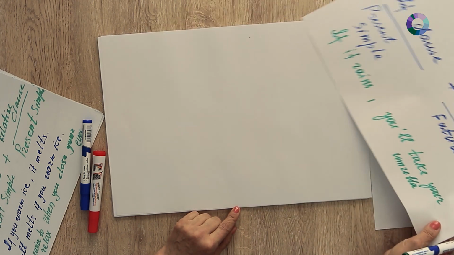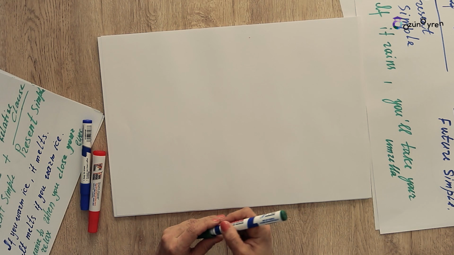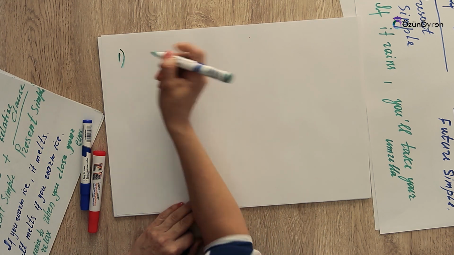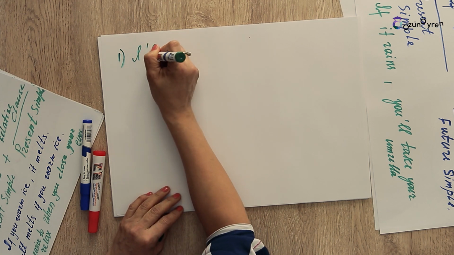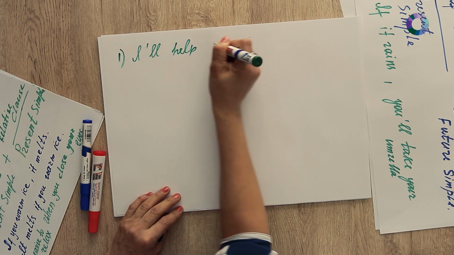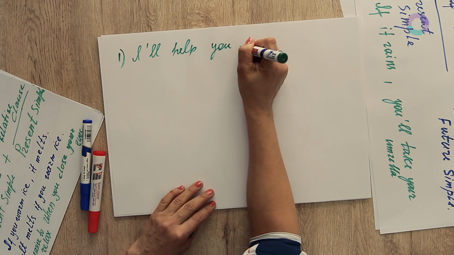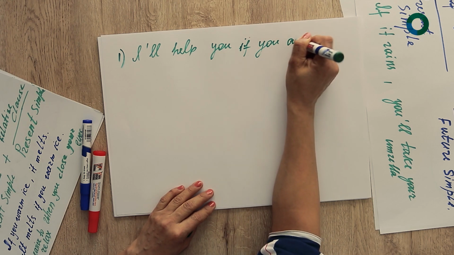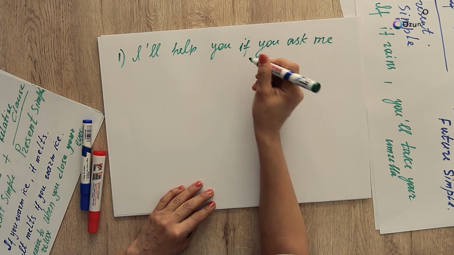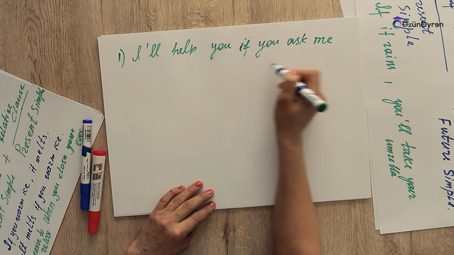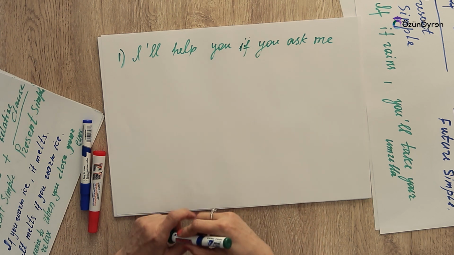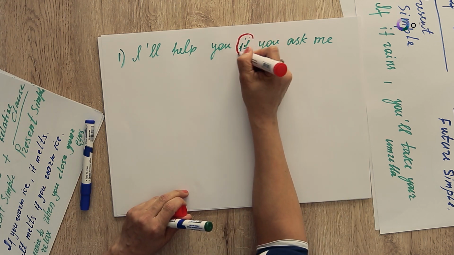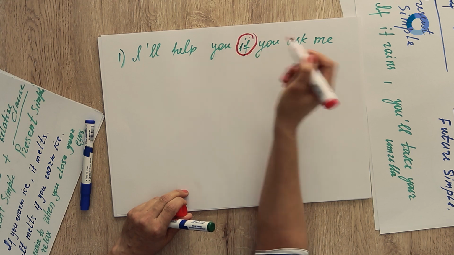So let's give some examples to the first conditional. I'll help you if you ask me. So here, the if sentence comes second, as we denoted in the zero conditional, it can be the first sentence or the second sentence.